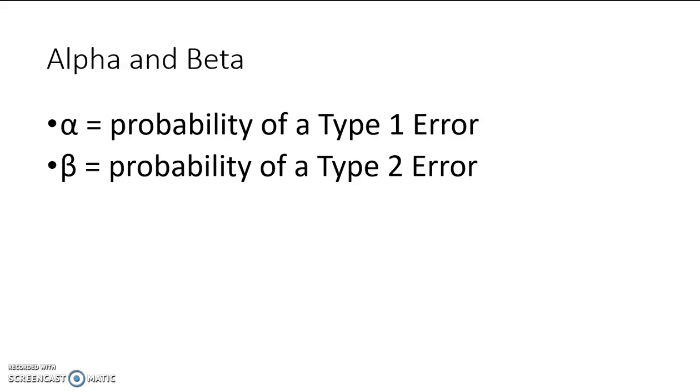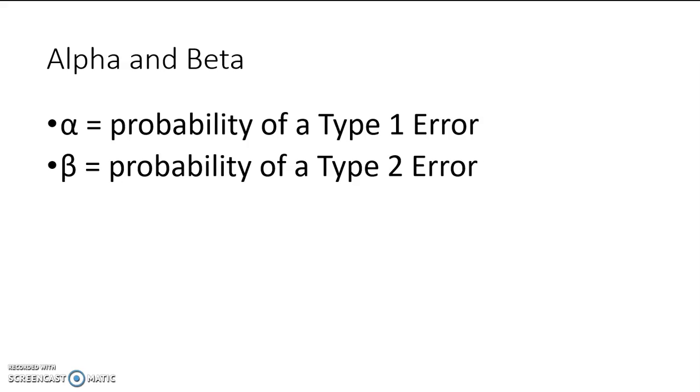Okay. We actually have two symbols that are used for each of these. Alpha is the probability of type 1 error. Now this is the same alpha that we've talked about before, the cutoff, right? But that makes sense because whatever you set your cutoff as, that's the probability of a type 1 error that you're comfortable with.